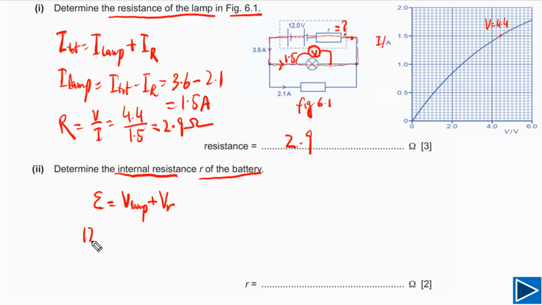So we can write down EMF is 12.0, the potential difference across the lamp we have just found, when the current is 1.5, is 4.4, and the current passing through this internal resistance is 3.6, so 3.6 times r. From here we can find the value of the internal resistance. If we do the calculation, the internal resistance will be equal to 2.1 ohms. So this is the value of the internal resistance.